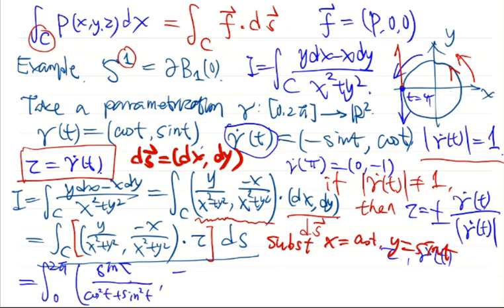We are substituting the parameterization into this part of the integrand. We obtain this. Then tau is cosine t, sine t. So we write tau here, then dt.